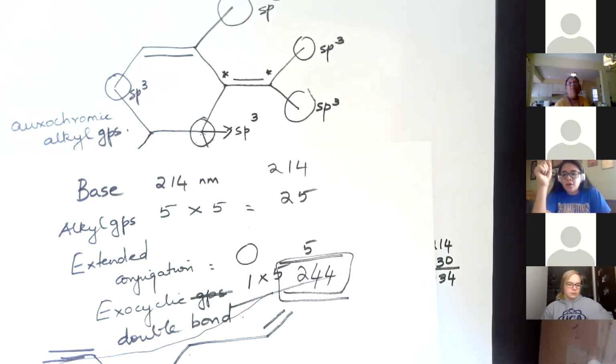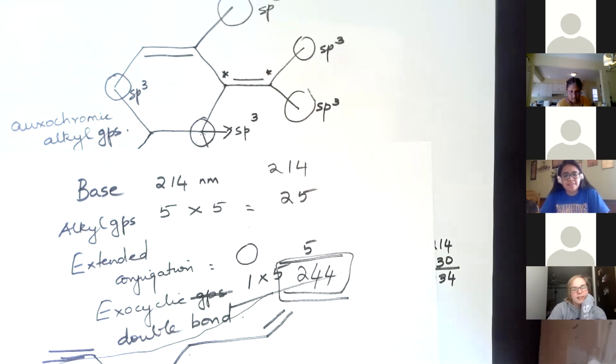Wait, so heteroannular doesn't add anything? Heteroannular will add plus 39. No, that's homo. No, I'm sorry. Homoannular, if both of those are in the same ring, then that adds 39, right?